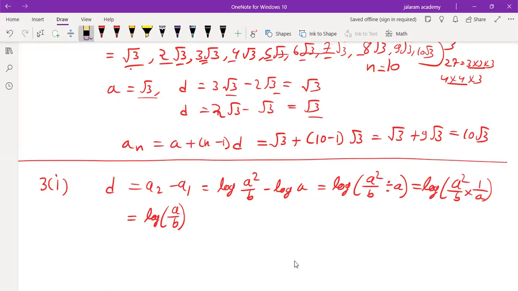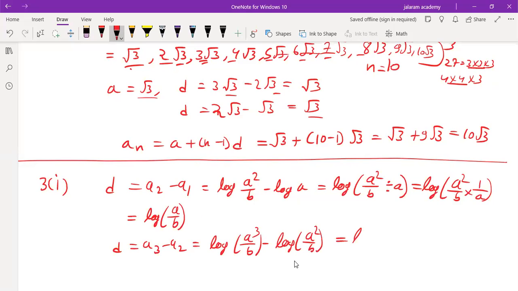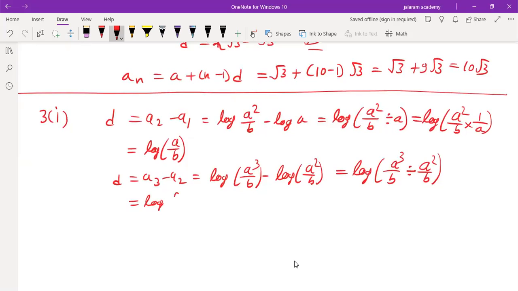Then we find d again by using a3 minus a2. a3 is log a cube by b square minus a2 is log a square by b, equals log of a cube by b square divided by a square by b, equals log of a cube by b square into b by a square.